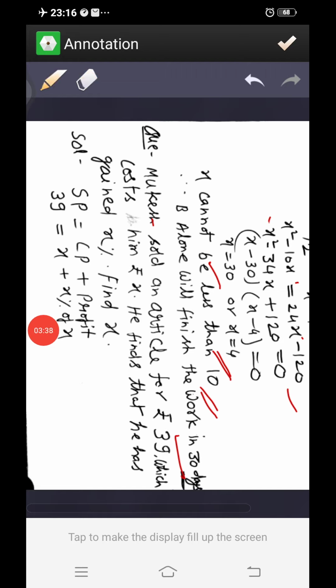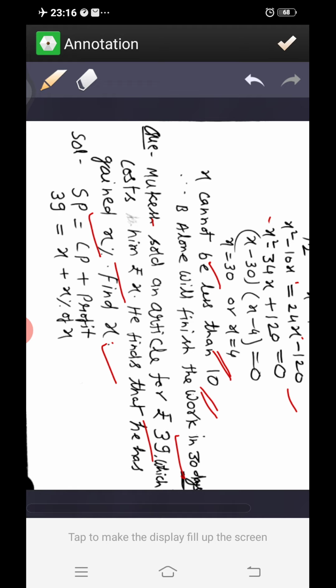Now we have the next question. Mukesh sold an article for rupees 39 which cost him rupees x. The cost price of the article is x, the selling price is 39. If he finds that he has gained x percent, that is, the profit is x percent, then find the value of x. So let us see.